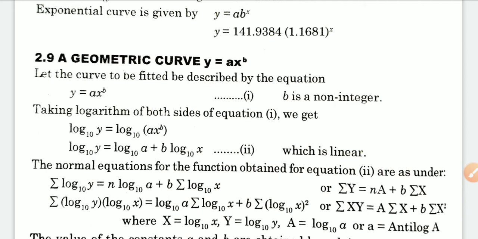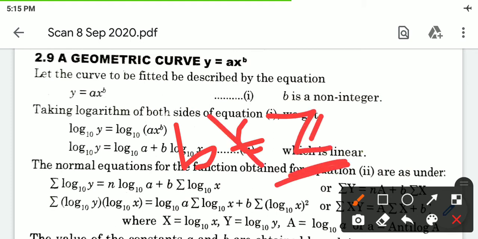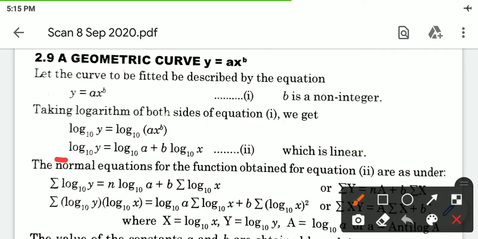where b is non-integer. Non-integer means b doesn't belong to Z, where Z is the set of all integers. Taking logarithm on both sides, you get log10 y = log10 a + b·log10 x. Log10 y, call it capital Y. Log10 a, call it capital A, plus small b as it is.